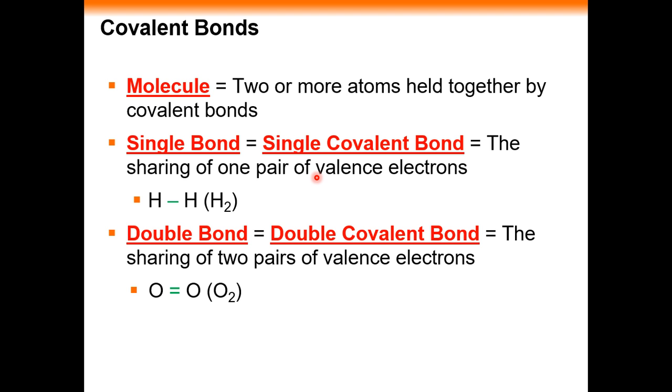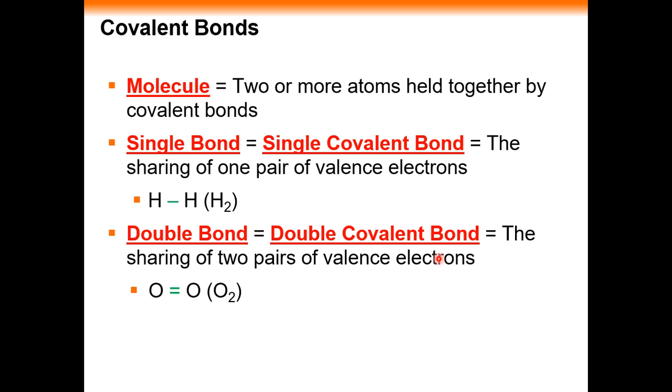So when you do this, you share electrons with covalent bonds. You could share one pair of electrons, and you form this. Whenever you do that, you write it out as one line here. You share one pair of valence electrons, aka two total are shared. Or there could be a double bond, or a double covalent bond, where you share two pairs of valence electrons.